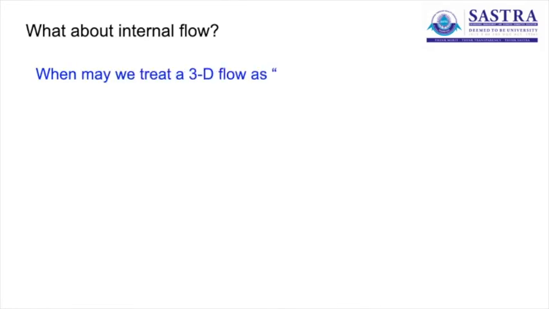So far, we have talked about external flow for the most part. What about an internal flow? It would seem that if the cross section varies, as in a nozzle or a diffuser, then obviously the flow is three-dimensional, but perhaps we may yet approximate it as something close to a one-dimensional flow.